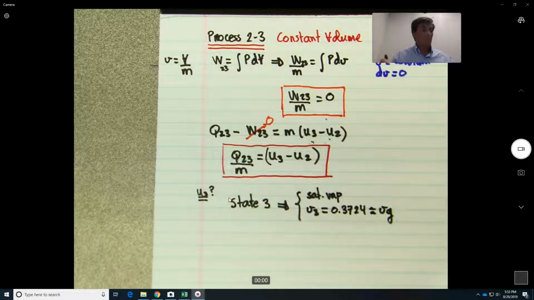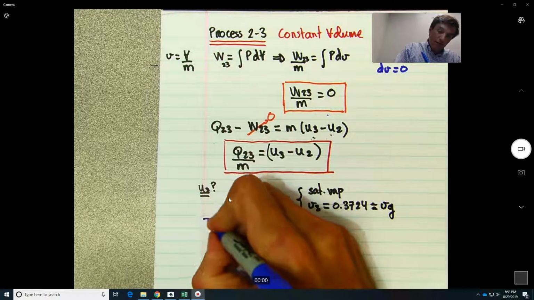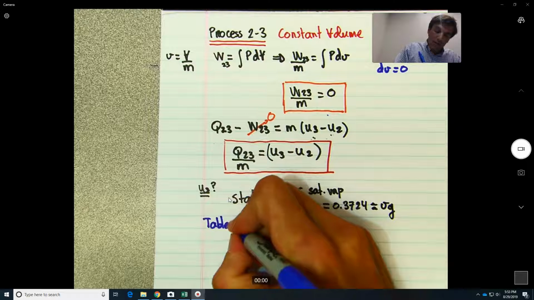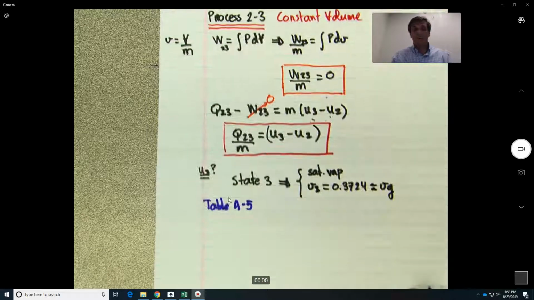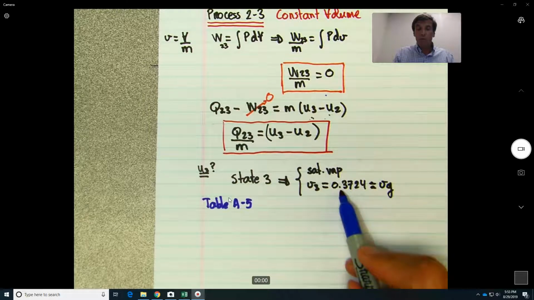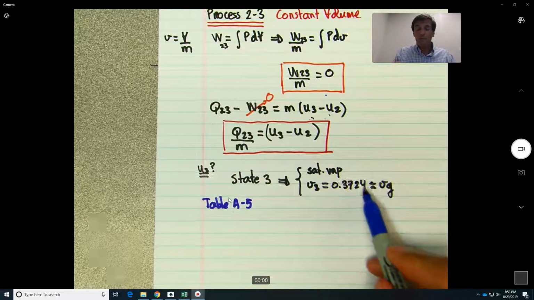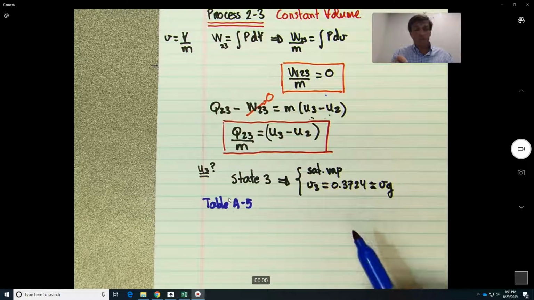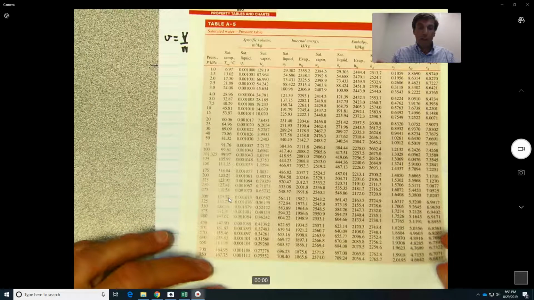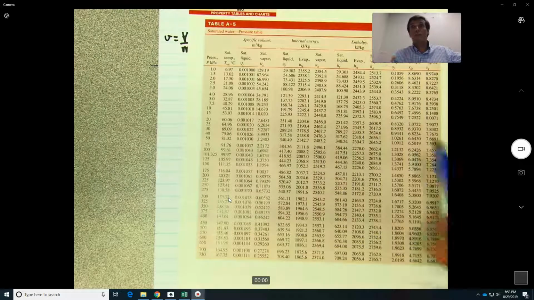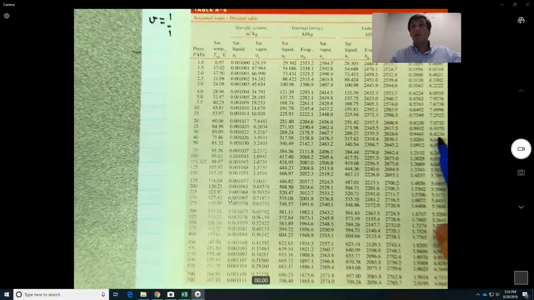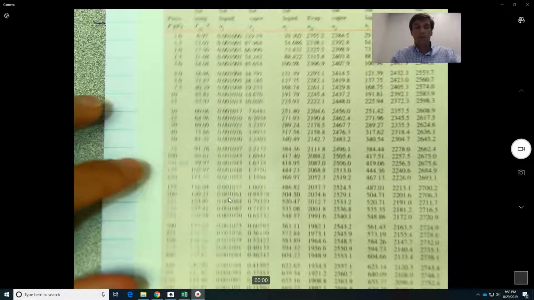Okay, so now we can go to table A5, and we can look at where would be the value 0.3724 on the table for the Vg values. So that's what I do over here. Let me see if I can zoom in a little bit. I think that should be good enough.